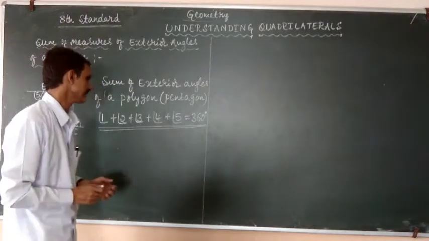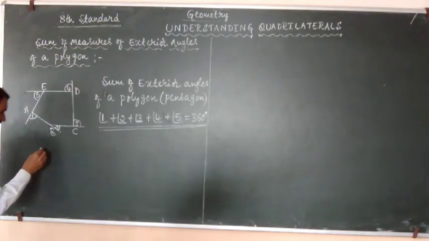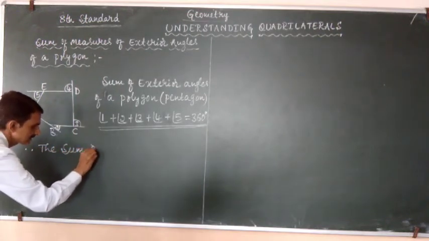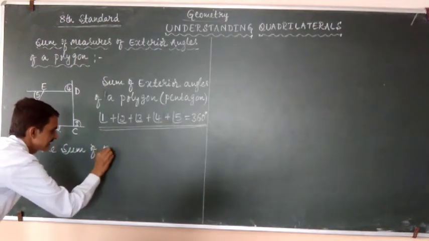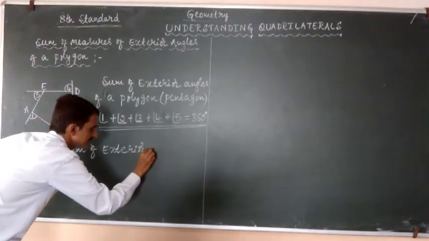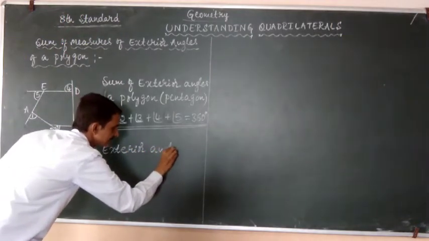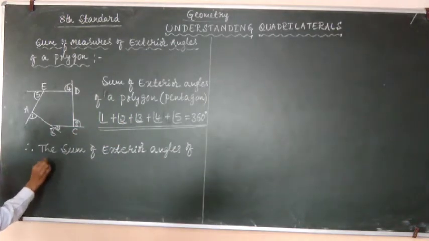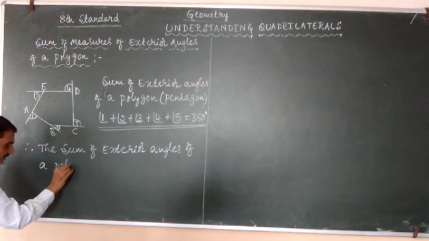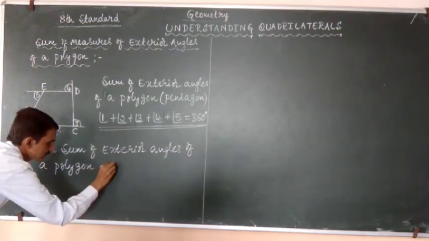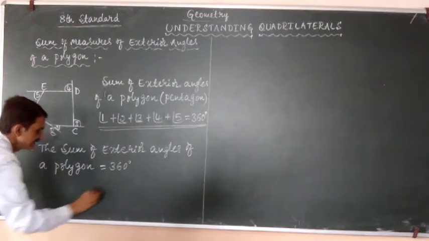So generally we can write: therefore, the sum of exterior angles of a polygon is equal to 360 degrees.